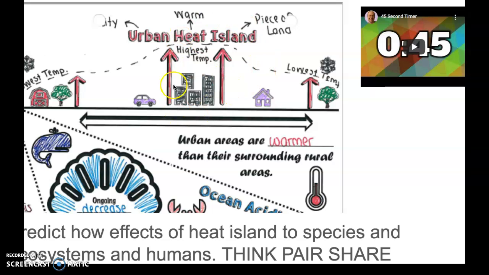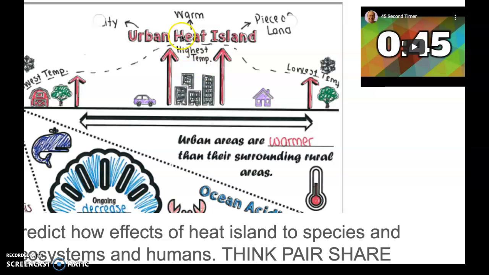This happens because, if you can see based on my colors here, urban areas generally have less green stuff and have lots of black like pavement and buildings, and that causes the sun's radiation to be absorbed into the earth instead of being reflected back out, something called the albedo effect, which we'll talk about another day.